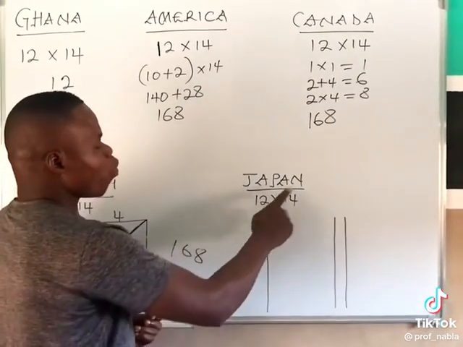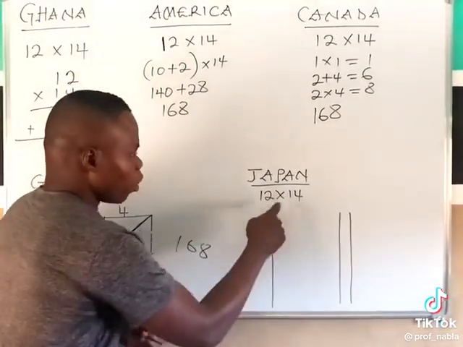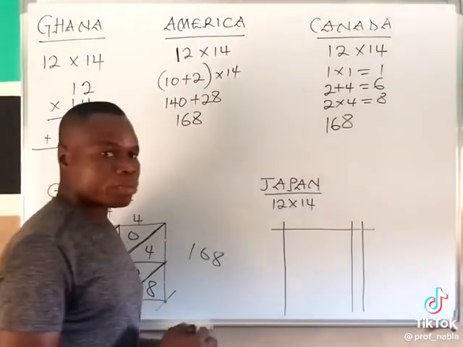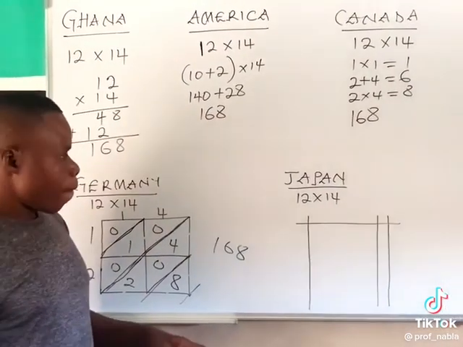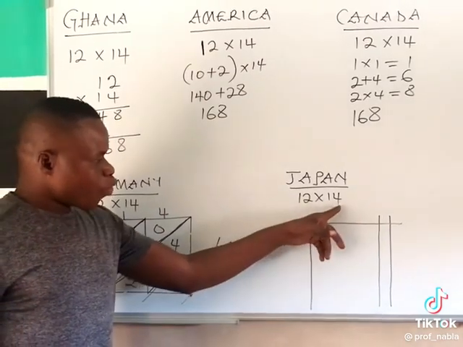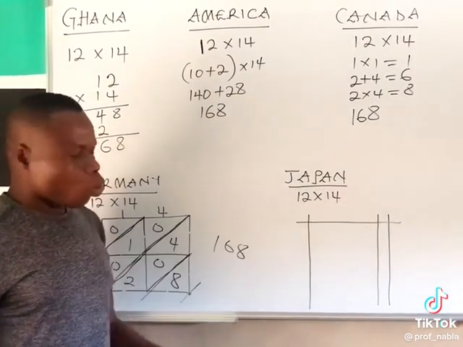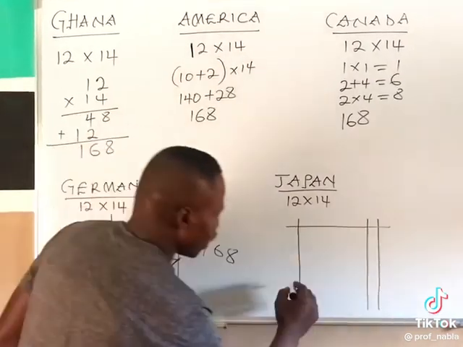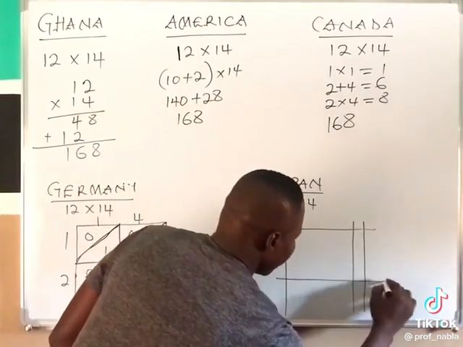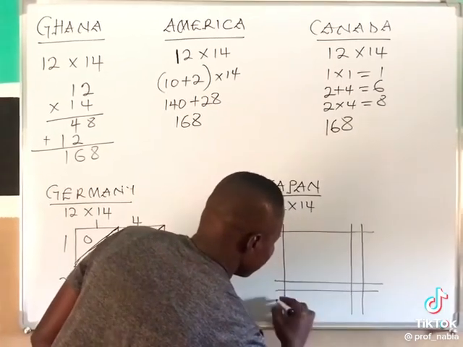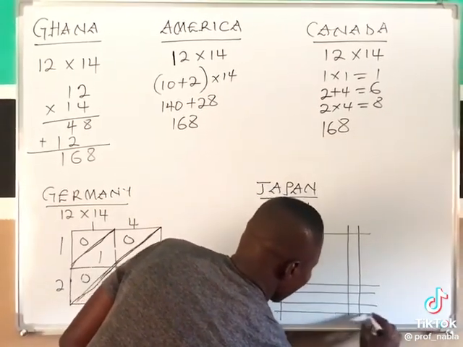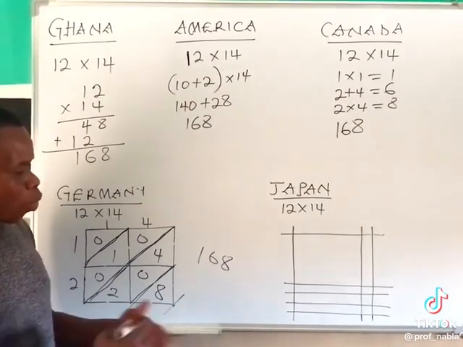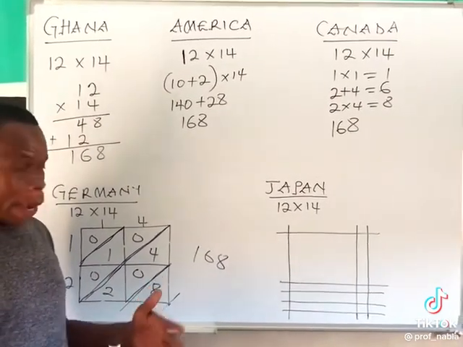Then the student will move to 14. Look at the first digit, which is 1, and draw one line on top. Now the second digit is 4, so the student will leave space and come down and draw 4 horizontal lines. That is 1, 2, 3, 4. Then the student will look at where these lines cross each other.